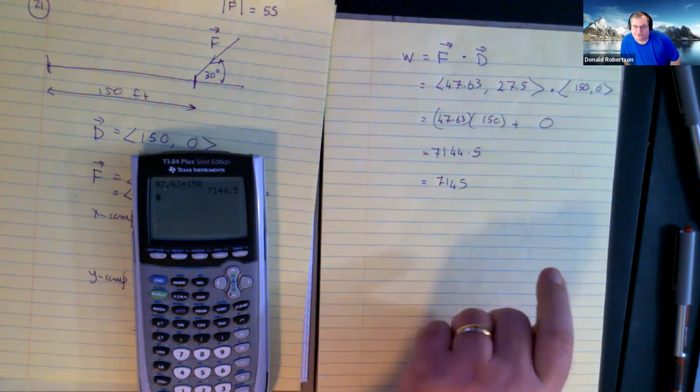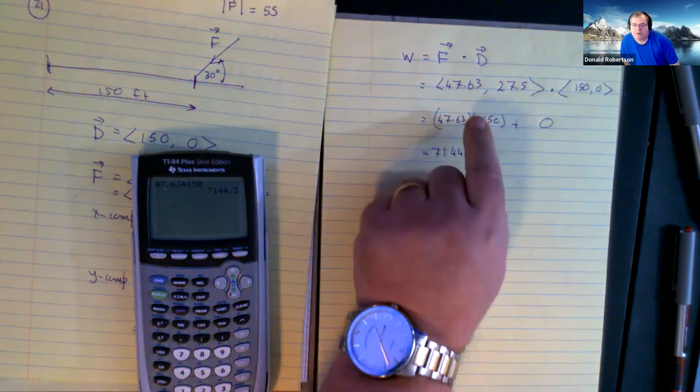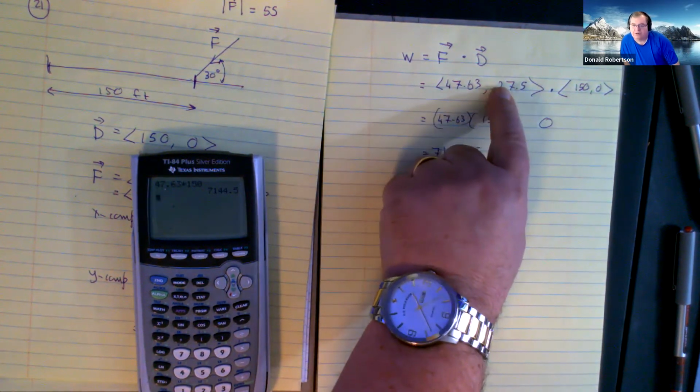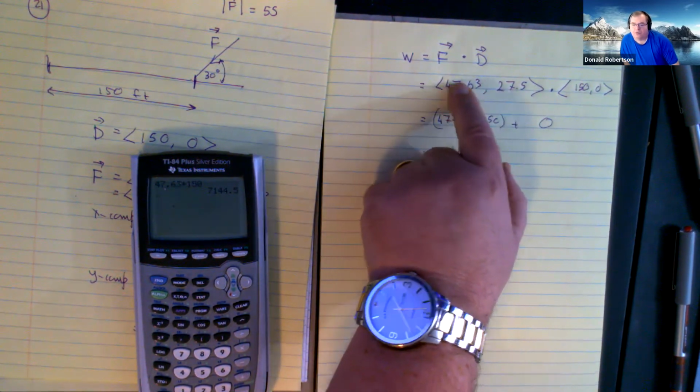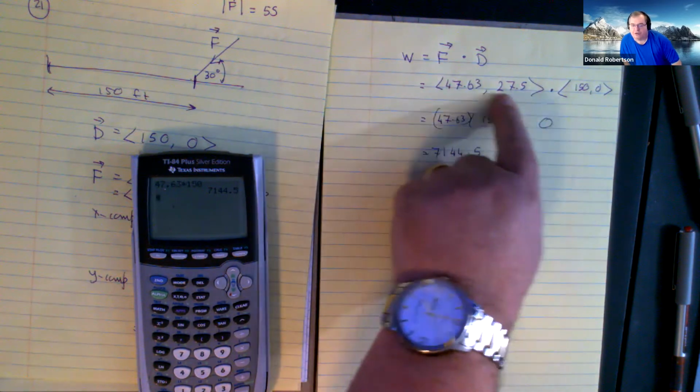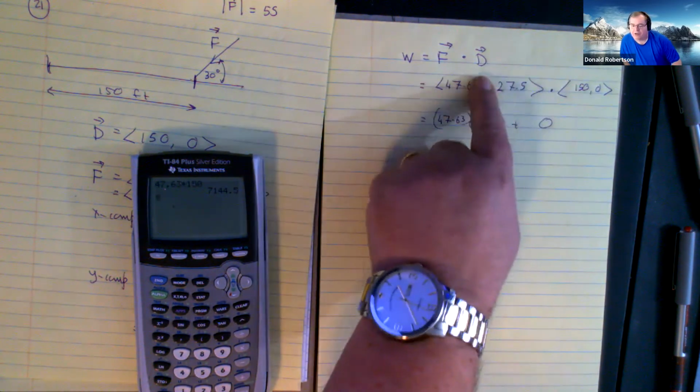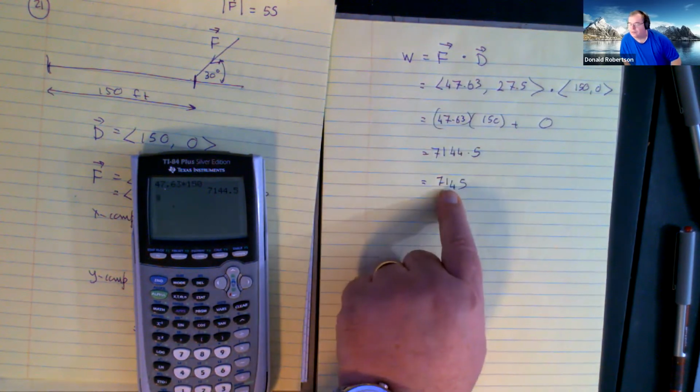I know this question said to the nearest whole number, but see these guys here? Don't do those to the nearest whole number. Do all the intermediary calculations to at least one or two decimal places, and only the final answer gets rounded off.